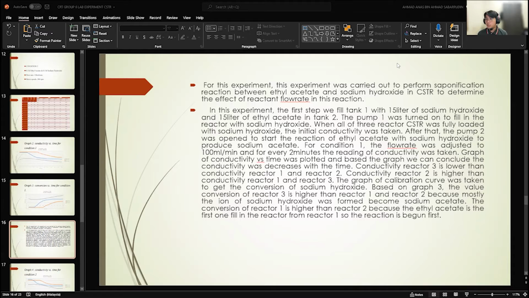When all 3 CSTRs were fully loaded with sodium hydroxide, the initial conductivity was taken. After that, pump 2 was opened to start the reaction of ethyl acetate with sodium hydroxide to produce sodium acetate. For condition 1, the flow rate was adjusted to 100 milliliters per minute, and every 2 minutes the conductivity reading was taken until 24 minutes.